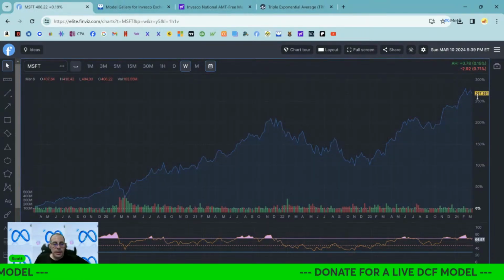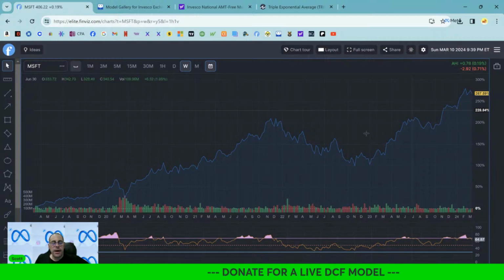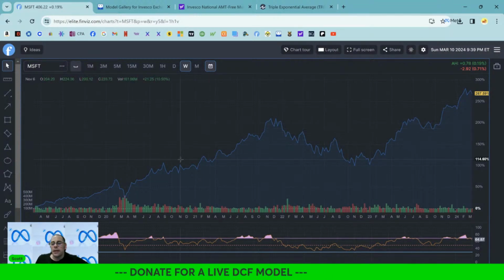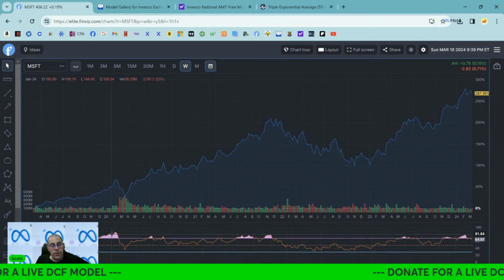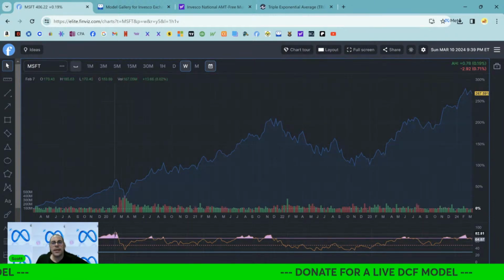It's up 270% in 5 years. So right before the COVID crash, it was a sell, according to the RSI.